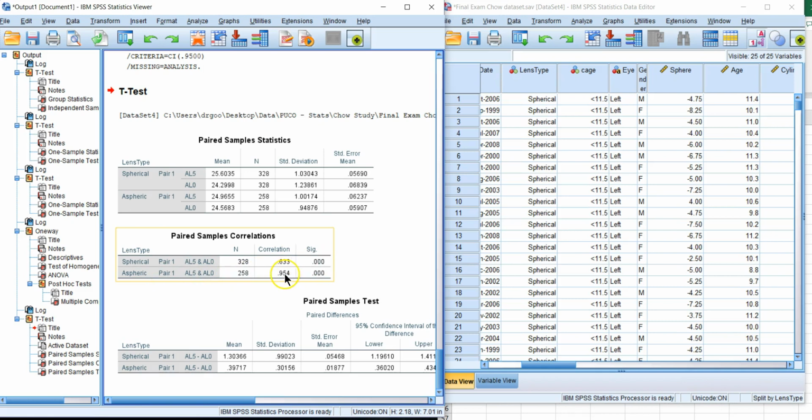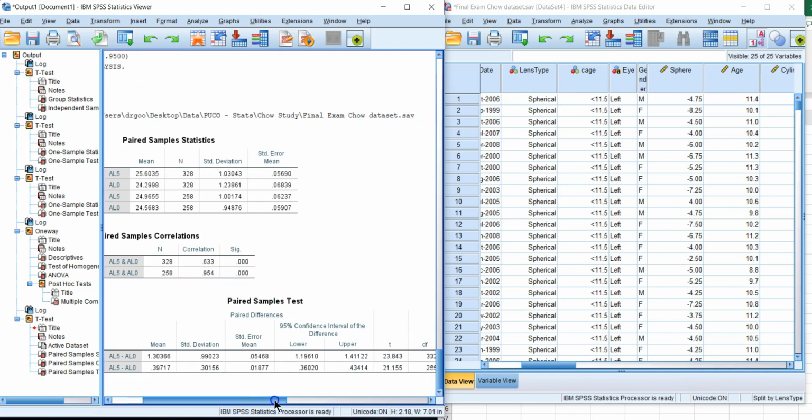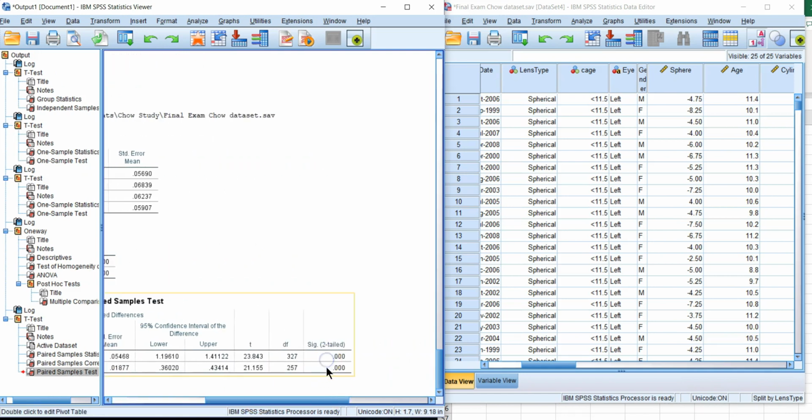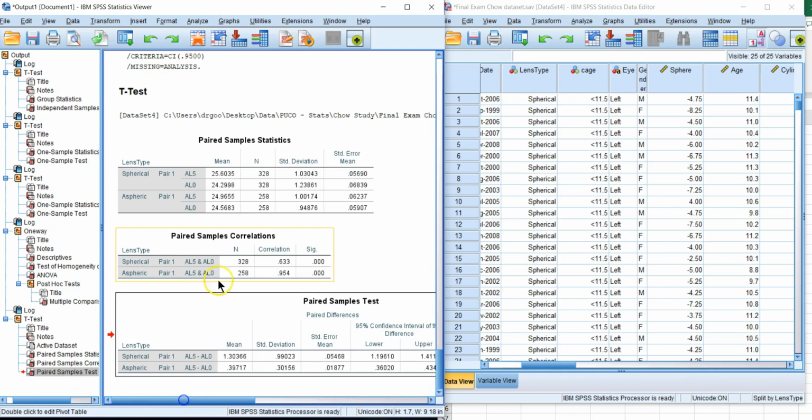Remember, they didn't grow as much, so they're a lot more correlated at their second visit, five years later, because they didn't change that much. But they're both correlated. Don't confuse this with the t-test. The t-test p-value is down in this next box. All right, so that's all I want to talk about today.